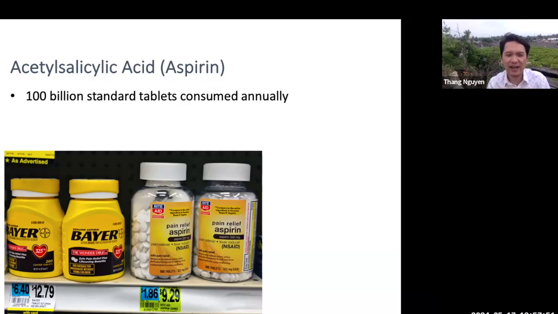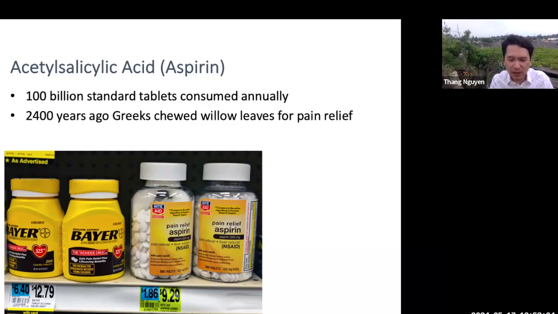A few facts to start our conversation: this is a widely used medicine. 100 billion equivalent standard pills are consumed per year of this medicine. But it dates back a long way. About 2,400 years ago, it has been documented that the Greeks would chew willow leaves to relieve pain, right? That's how a lot of medicine has been discovered throughout the years, even before modern medicine came along.